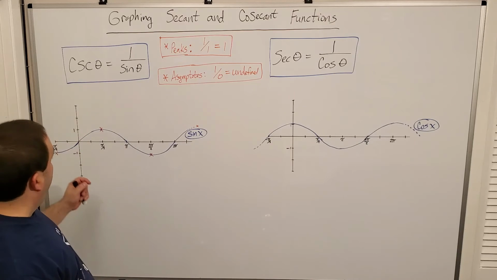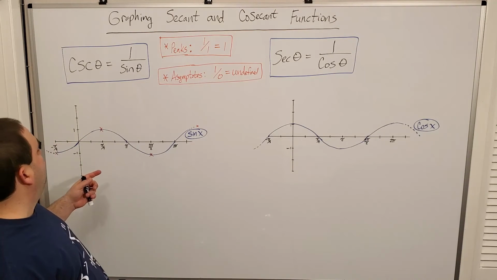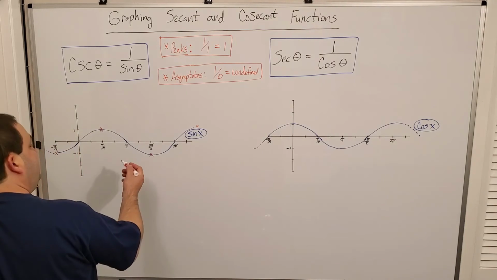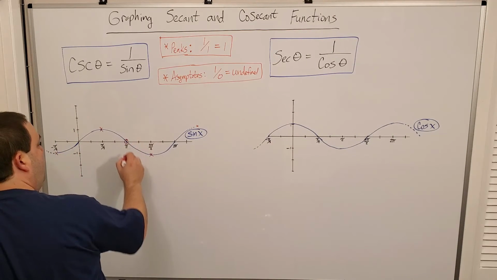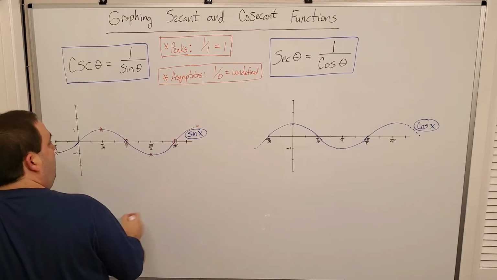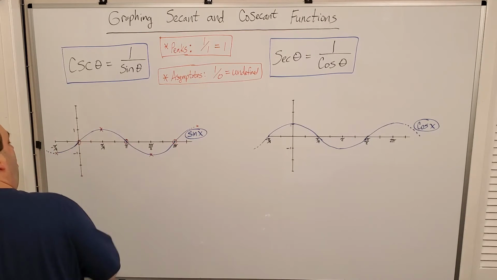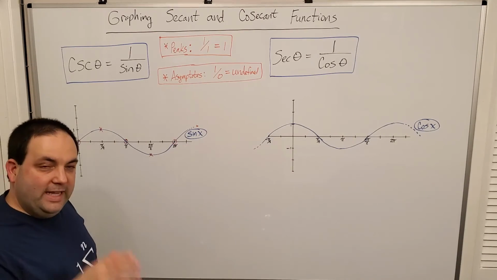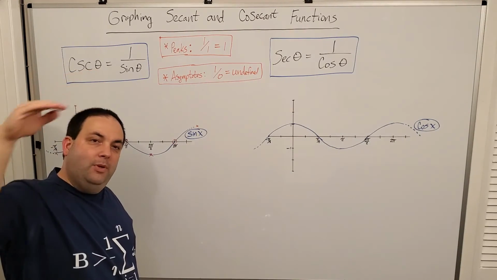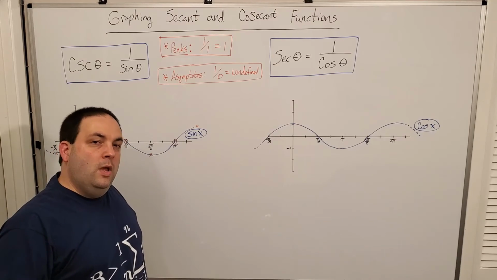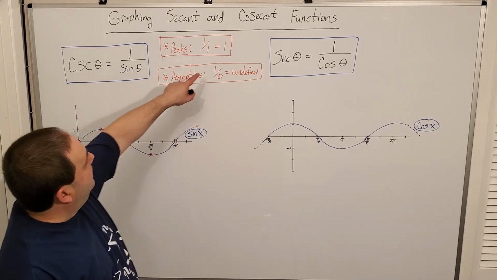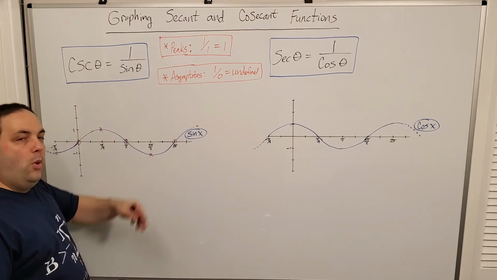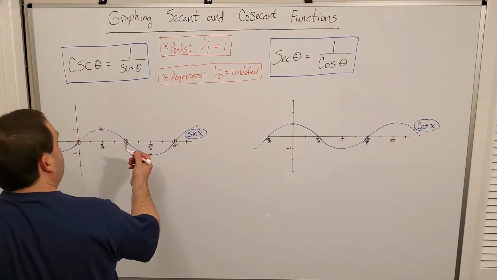So everywhere you see the sine function go through 0, this point right here, this point right here, in other words, everywhere one of these goes through the center line, and don't forget the center line. If it gets shifted up, it's still wherever it goes through that center line, I'm getting a 1 divided by 0 situation, and those are going to be vertical asymptotes.